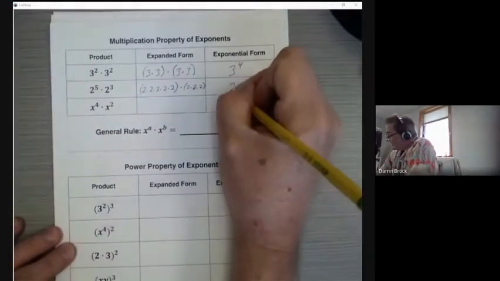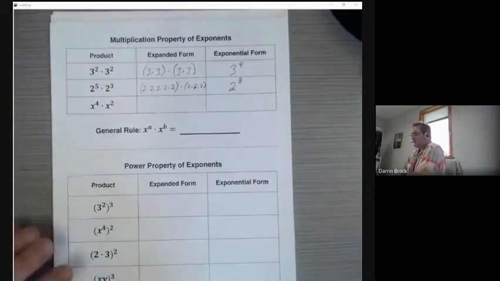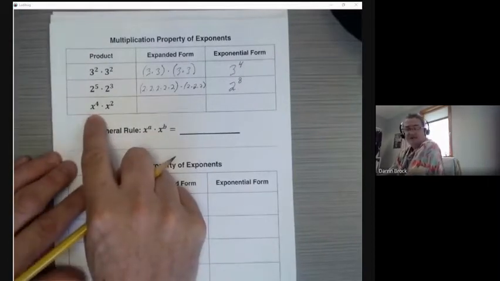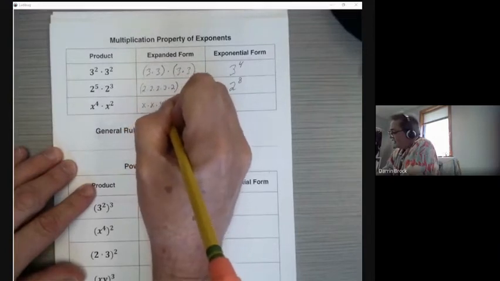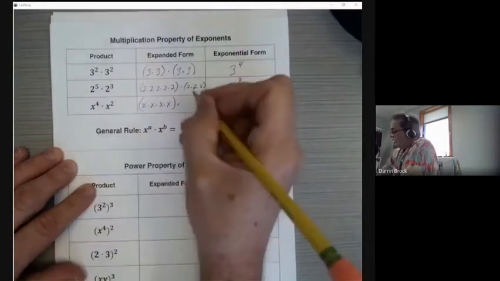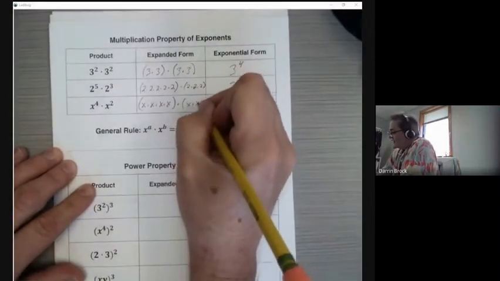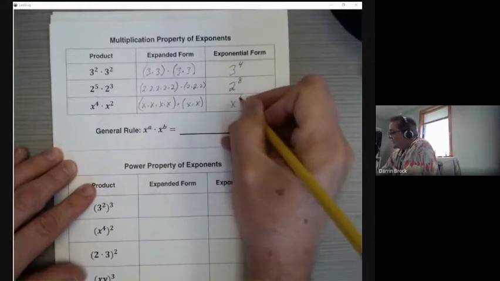So that is the same thing as 2 to the 8th power. Let's look at it with just general variable terms. x to the 4th, x times x times x times x, times x squared. We have 6 x's being multiplied together, x to the 6th.